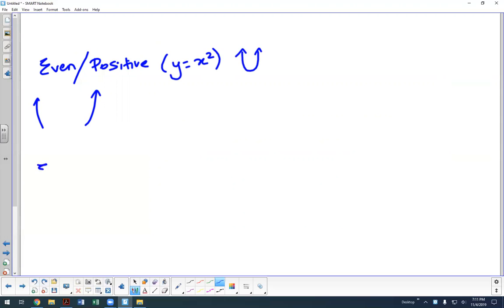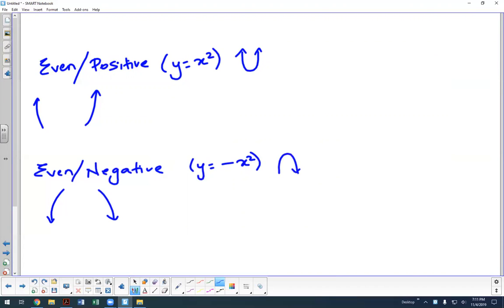When it's an even exponent with a negative coefficient, both arms are going down. So think about y equals negative x squared. This is a parabola that's opening downwards. This will be true for a fourth degree polynomial with a positive or a negative coefficient. This will be true for x to the 6th, x to the 10th, anything that's an even exponent.